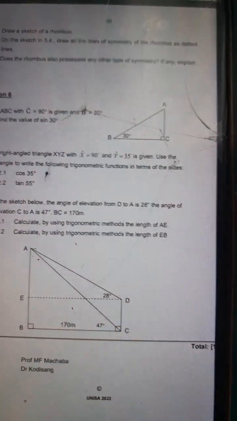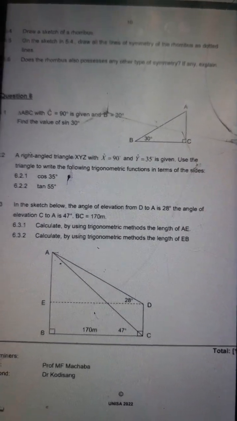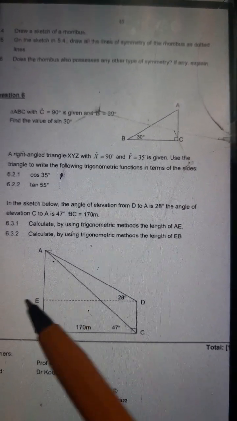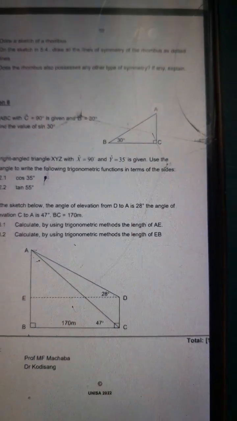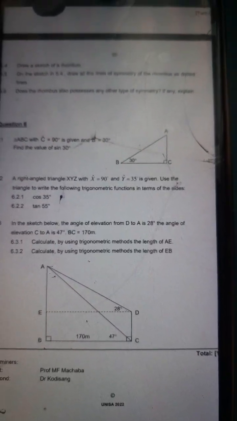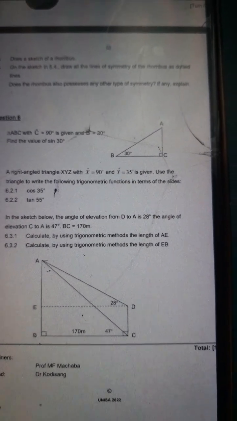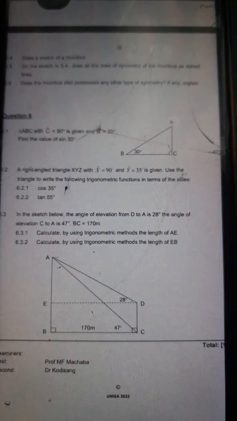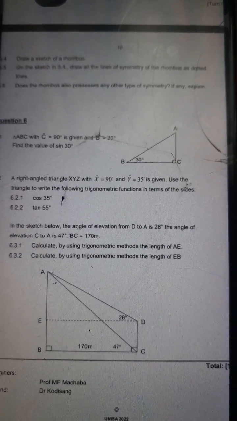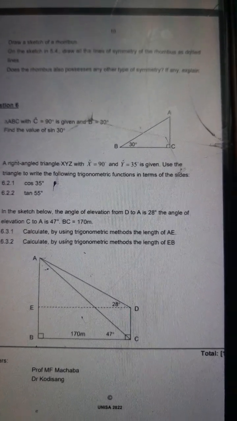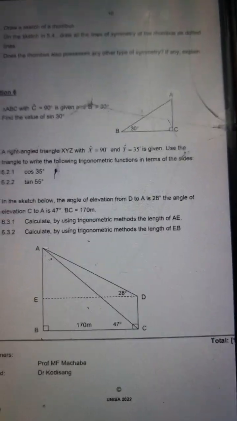You need to know these angles, right? Now we're talking about elevation. From D to A it forms 28 degrees, and C to A it's 47 degrees. Then they said at 6.3.1, calculate by using trigonometric methods the length of AE. That's simple. What are you saying, Mr. Richard? That's simple.